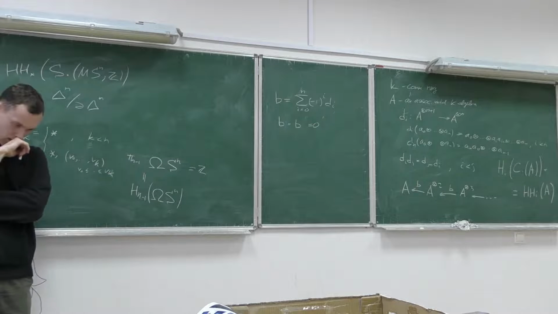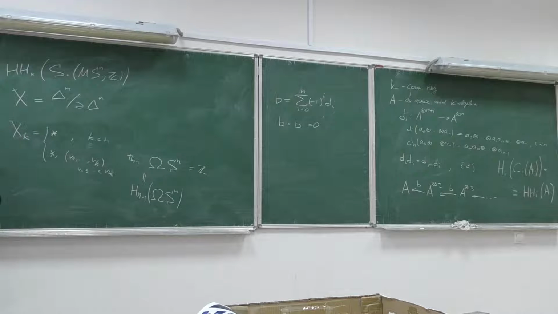It's generated by this. And then you can show that this DG algebra is quasi-isomorphic to its homology.